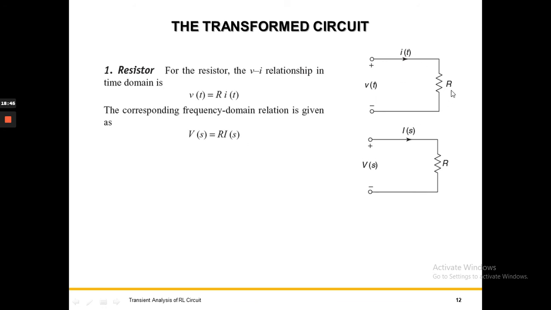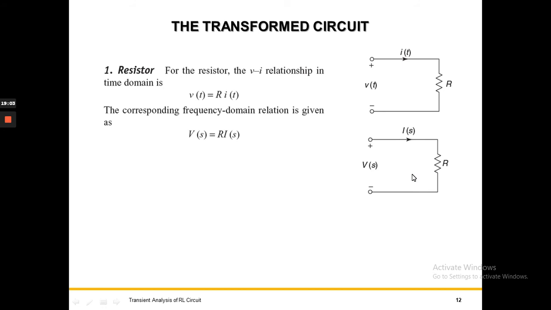Whenever there is a resistive component, you replace it with such a component. The resistance value remains the same, but the voltage is V(s) and the current through it is I(s).